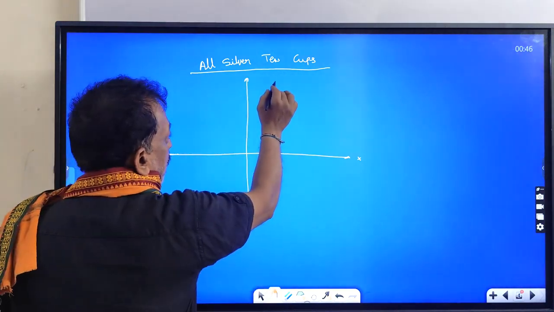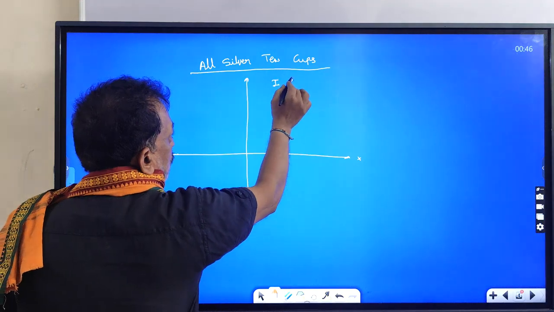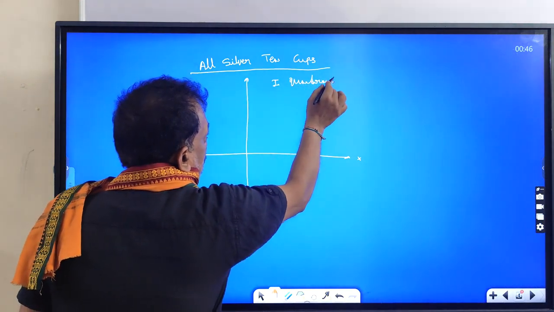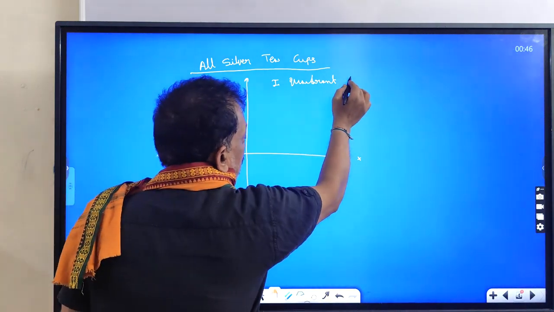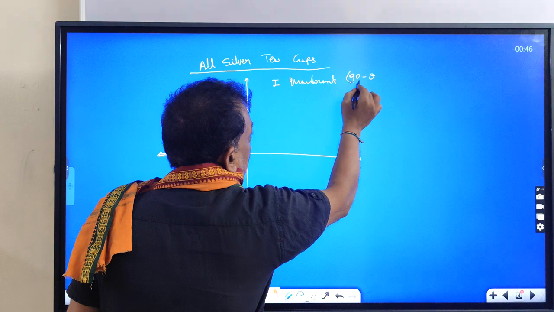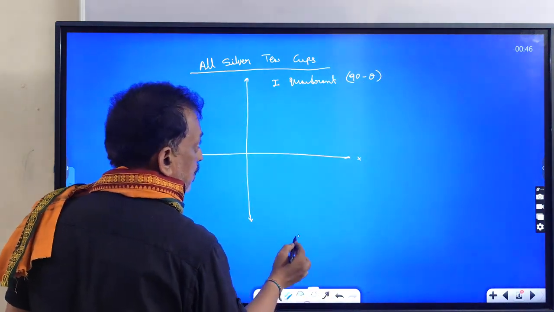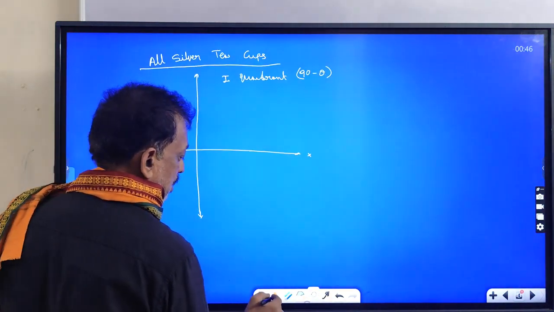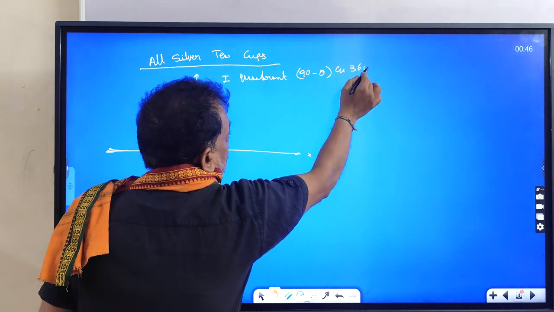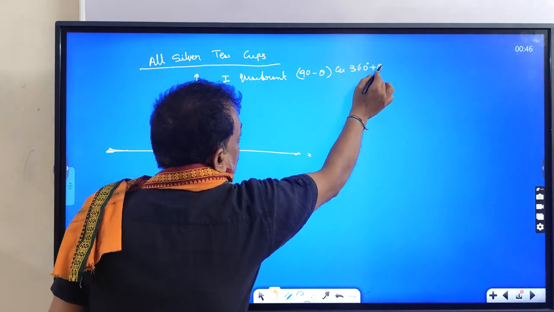This is called the first quadrant. First quadrant is 90 minus theta and 360 plus theta.